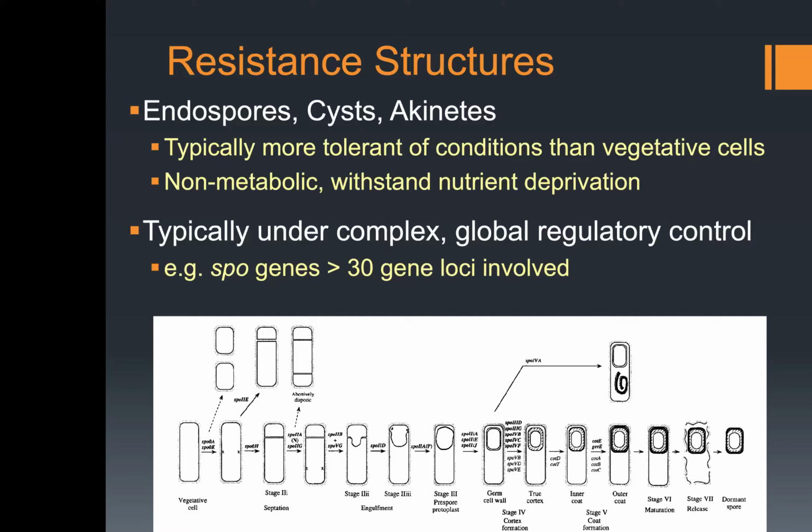If you remember from your genetics course or your introductory cell biology course, you've got to have transcriptional regulators turning these on and off, and it all has to be orchestrated in synchrony. That's what I mean by global regulatory control. You don't have to know the details of it for this course. This isn't a genetics course, but it's important for you to understand the complexity of it. Does that make sense? Thank you for clarifying.